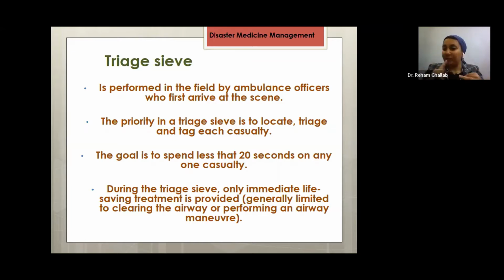No treatment, no CPR, nothing else, to stay under 20 seconds, to save more casualties. In less than 20 seconds, the only maneuver is clearing the airway, or performing an airway maneuver only. No basic life support, no other life support, to save the biggest number, the maximum number of casualties.